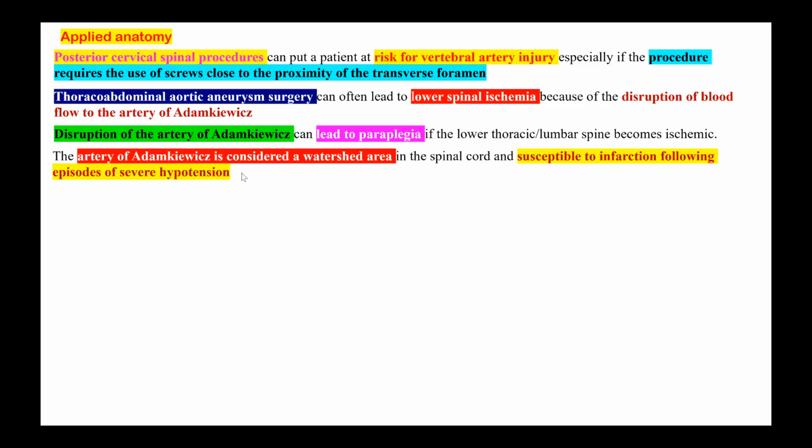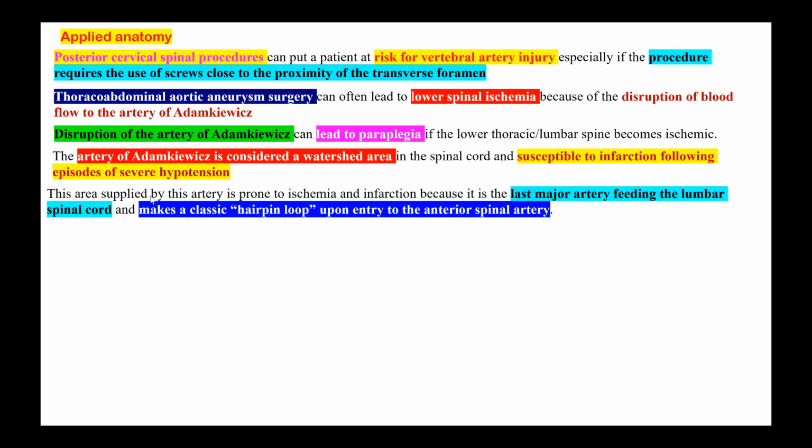This arterial supply is considered a vulnerable area in the spinal cord, susceptible to obstruction following episodes of severe hypotension. So, if hypotension continues for a prolonged period during surgery, the patient can have ischemia in the area supplied by this artery.